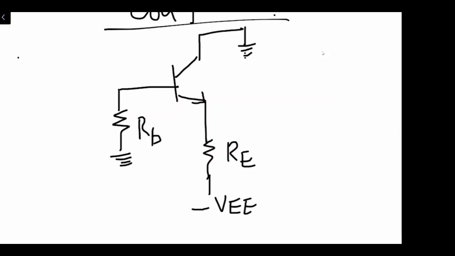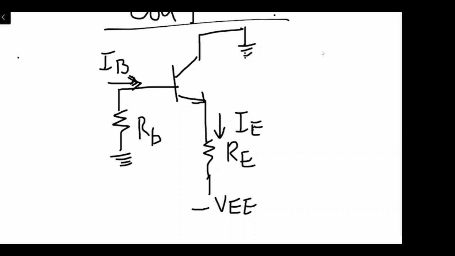Now, if you can see, we have the base current which is flowing in the base of the circuit, and the base current will be IB. There is a current which is flowing in the emitter of the circuit, that will be IE. And from here, we can analyze the input side as well as the output side of the circuit.